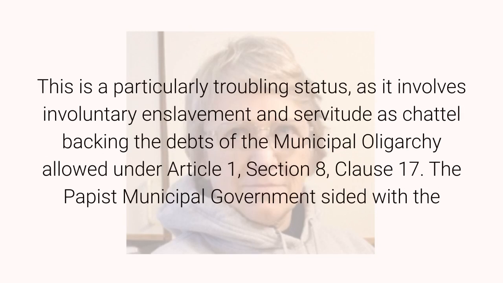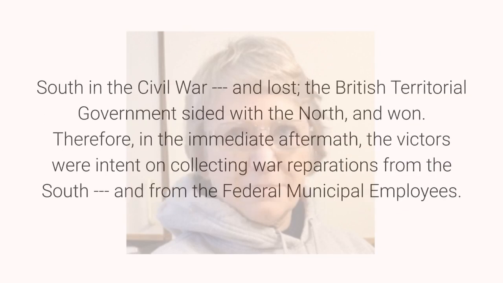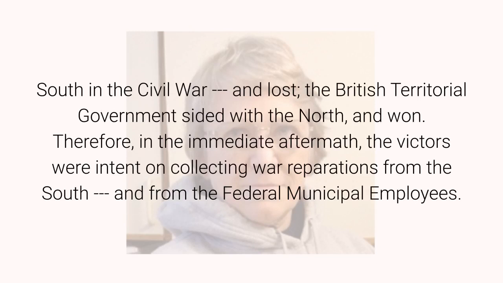This is a particularly troubling status, as it involves involuntary enslavement and servitude as chattel backing the debts of the municipal oligarchy allowed under Article 1 Section 8, Clause 17. The Papist municipal government sided with the South in the Civil War, and lost. The British territorial government sided with the North, and won. Therefore, in the immediate aftermath, the victors were intent on collecting war reparations from the South, and from the federal municipal employees.